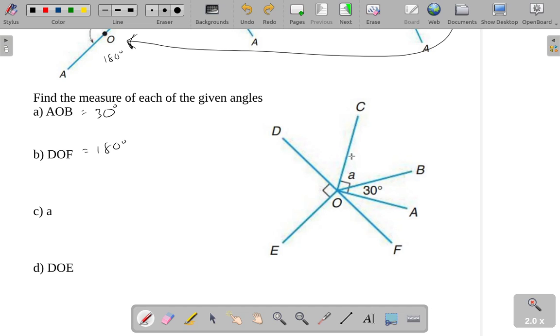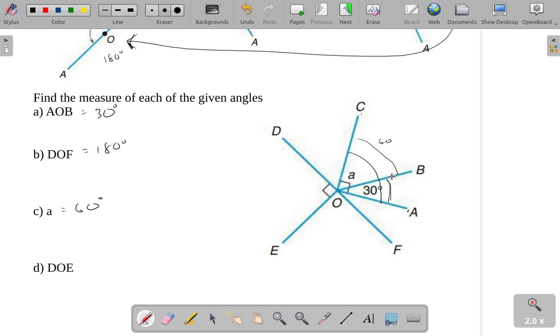But you can see that this angle right here, angle COA, is a 90-degree angle. That's this one right here. And this part right here is 30, which means that this part right here must be the remaining 60 degrees. In order for the sum of those two to be 90, it would have to be 60 plus 30 to be 90. Or I could do 90 minus 30 is 60. So this would be a 60-degree angle.